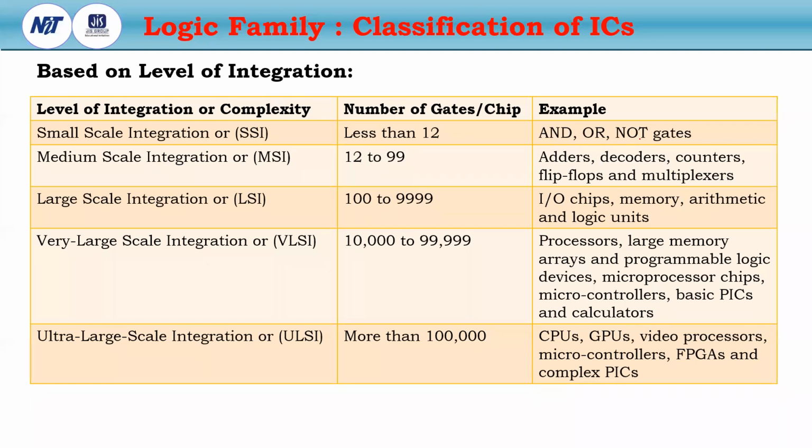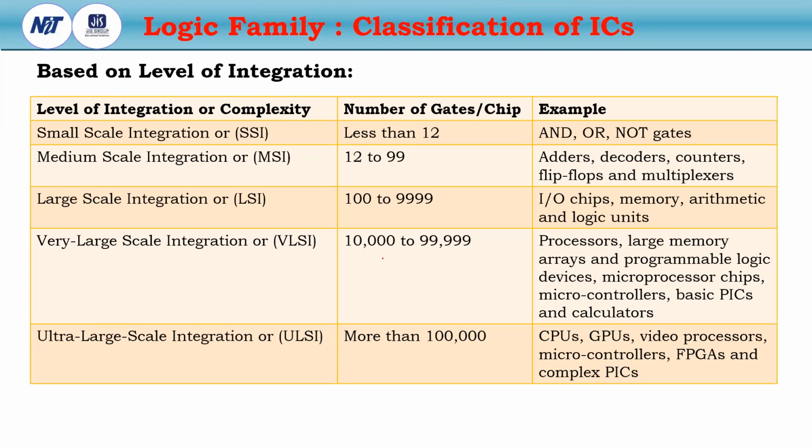Examples: AND gate, OR gate, NOT gates, etc. Medium scale integration, MSI, has 12 to 99 gates. Examples are adders, decoders, counters, flip-flops, and multiplexers. Large scale integration, LSI, has 100 to 9999 gates. I/O chips, memory, and arithmetic and logic units are examples.